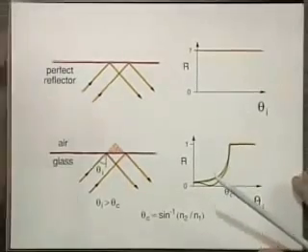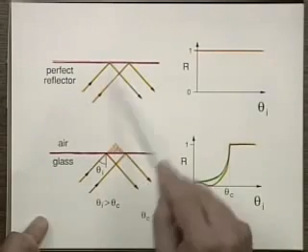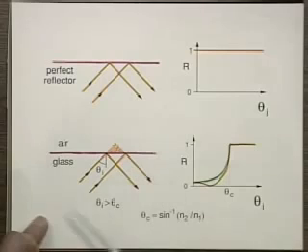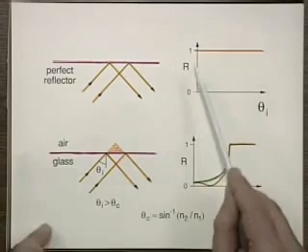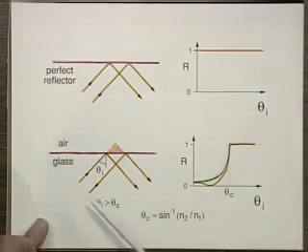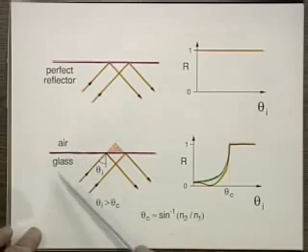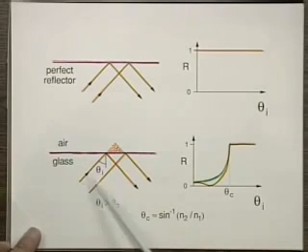Just to remind you some more of what's going on, let me remind you of the perfect mirror. When you have a perfect mirror, the light comes in, and close to 100% of the light gets reflected, so the reflectivity is 1 as a function of angle of incidence. But if you have the glass-air interface, coming from the glass side, then as we vary the angle of incidence, the reflectivity of this interface depends on the polarization.